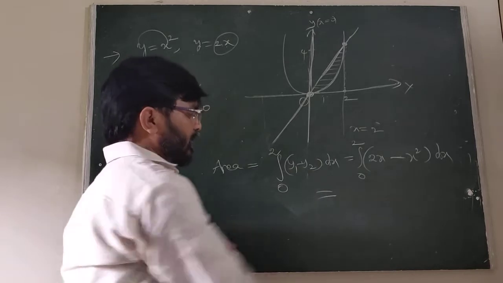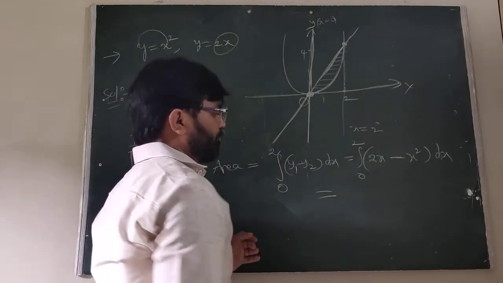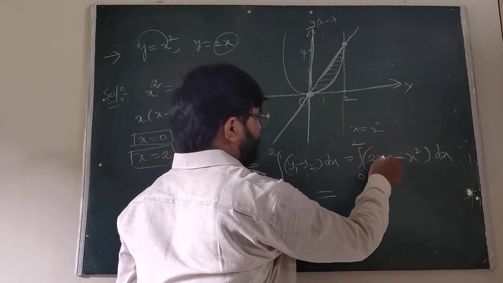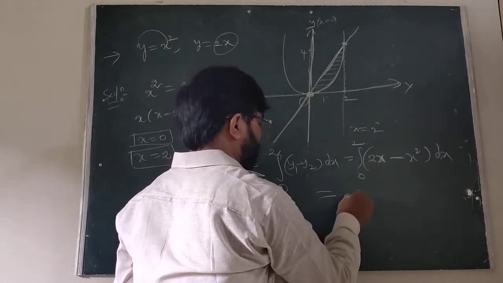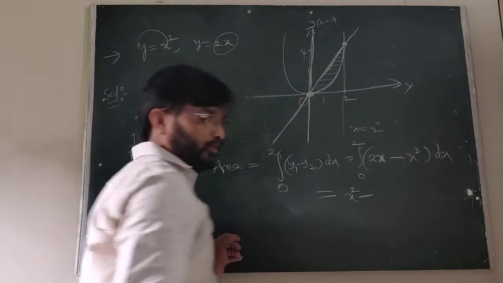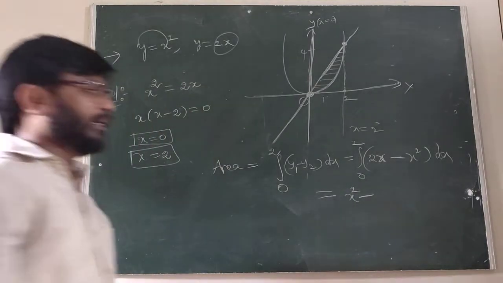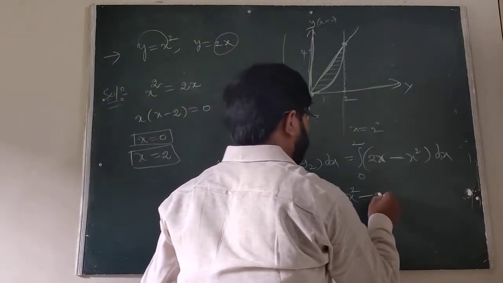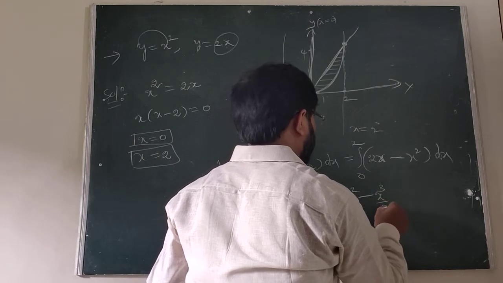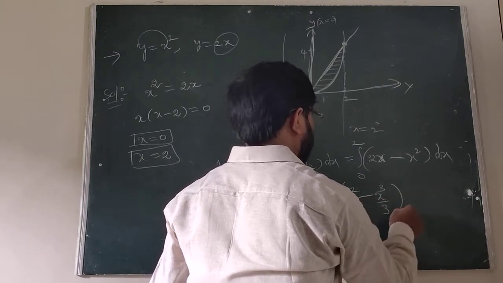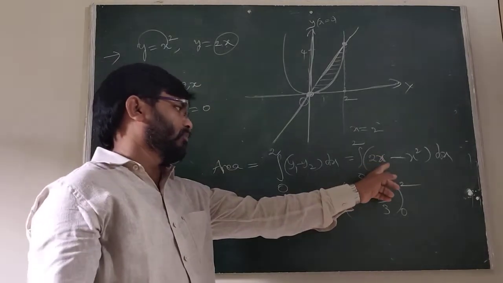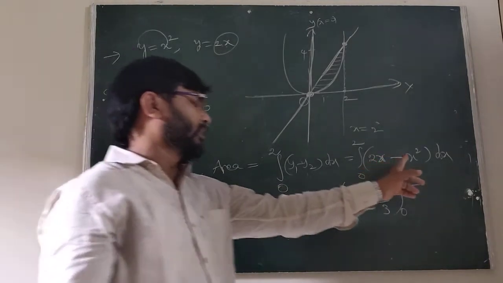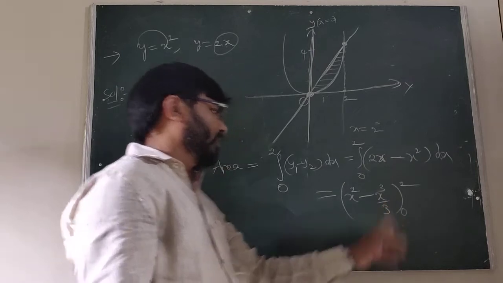Everybody knows the integral of x is x square by 2, the 2 cancels, so this is x square. After that, the integral of x square is x cube by 3. The limits are 0 to 2.